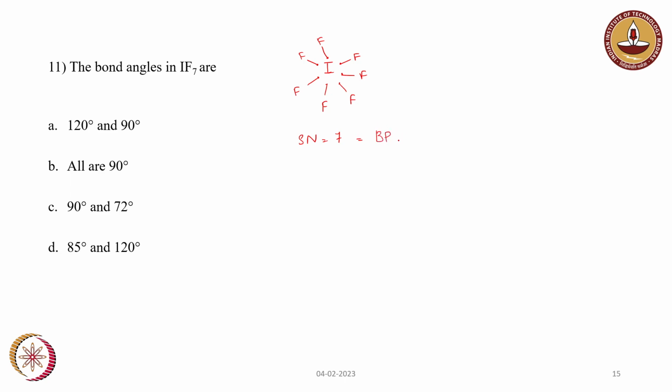If we have all bond pairs and steric number 7, the geometry will be pentagonal bipyramidal.